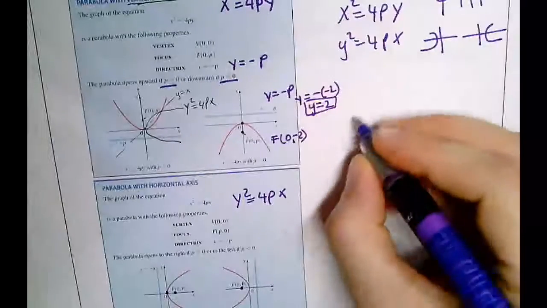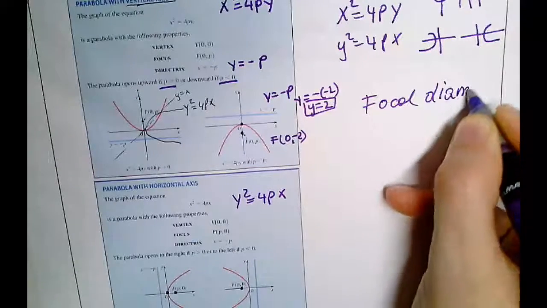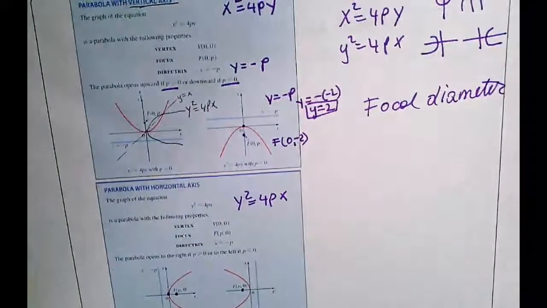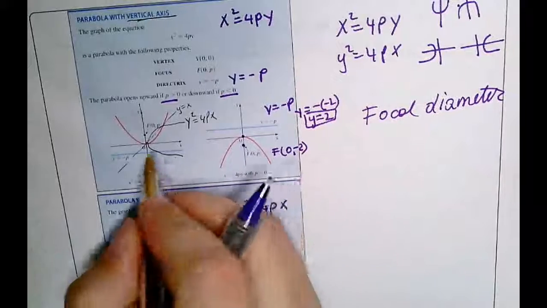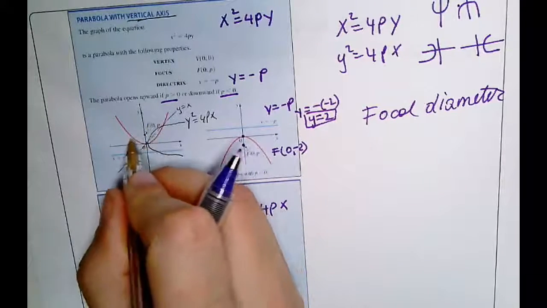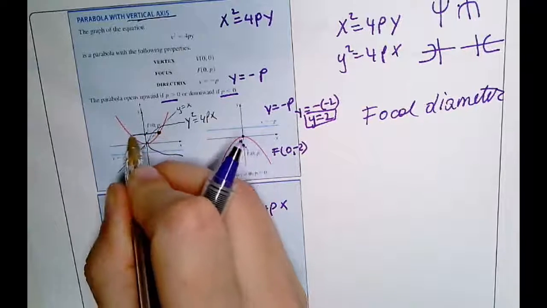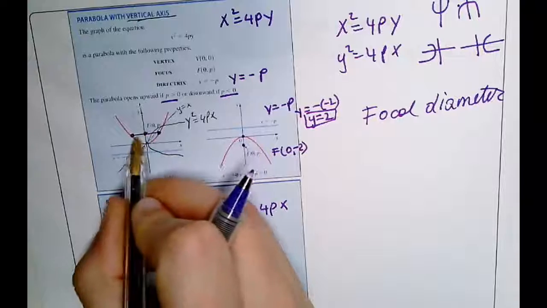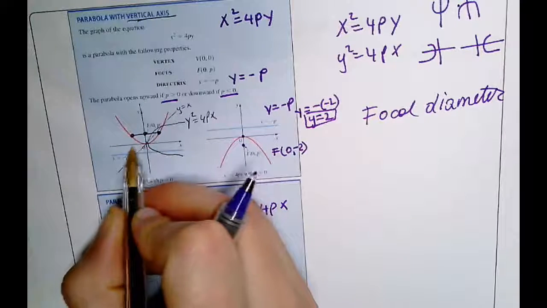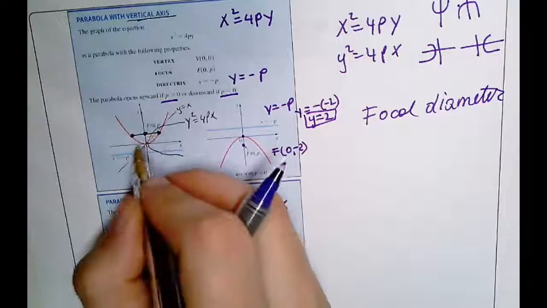So the focal diameter is the length of this segment right here that goes through the focus and stops on the parabola. So it has to go through the focus, it has to be parallel to the directrix, and it stops at the parabola.